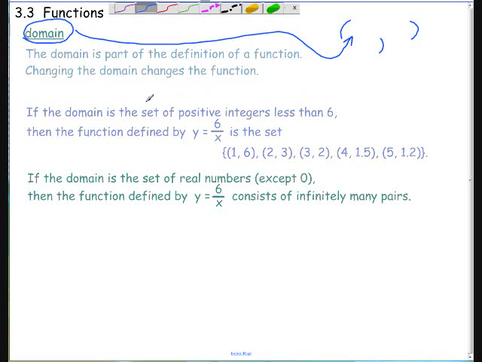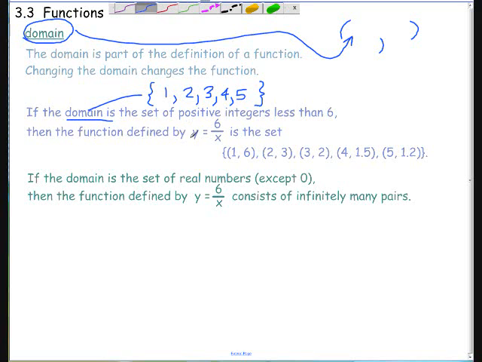What does it include? What would this set be? Positive integers less than 6. Integers, so it's got to be 1, 2, 3, 4, and 5. That's the domain.